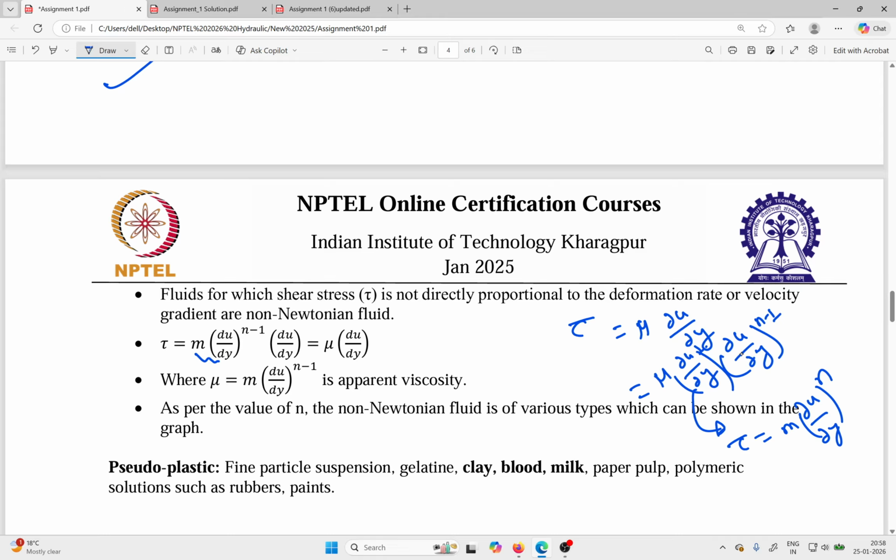So here you can say one thing, this value is m. So m and this combinedly, m del u by del y power n minus 1, is your mu, and this is known as apparent viscosity.